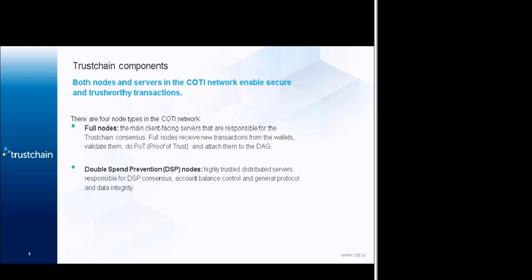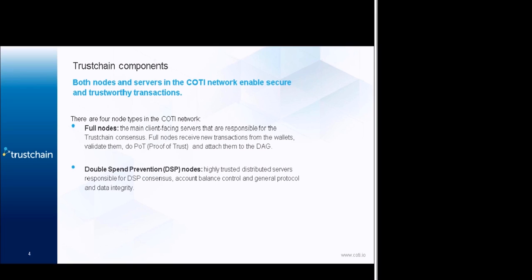Okay, so to better understand the COTI ecosystem and architecture, I will briefly overview some of the Trustchain components and their roles in the system. In COTI, there are basically 4 types of nodes. The first type is the full node, which is the gateway for any client interaction in the system.